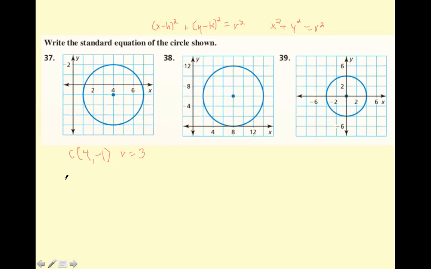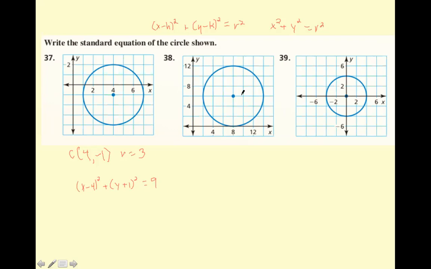So my equation turns into (x minus 4) squared plus, and remember you do the opposite of what the sign is, so this turns into (y plus 1) squared equals the radius squared, and 3 squared is equal to 9.